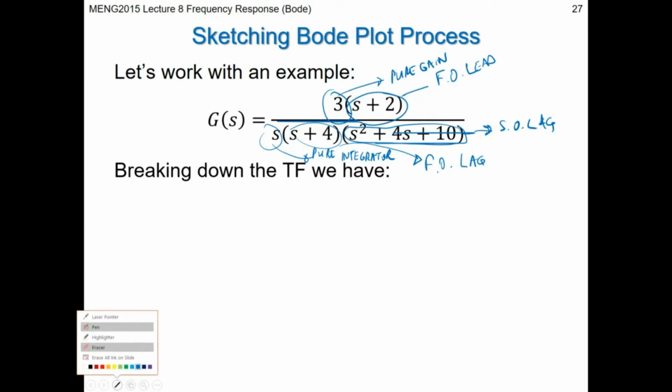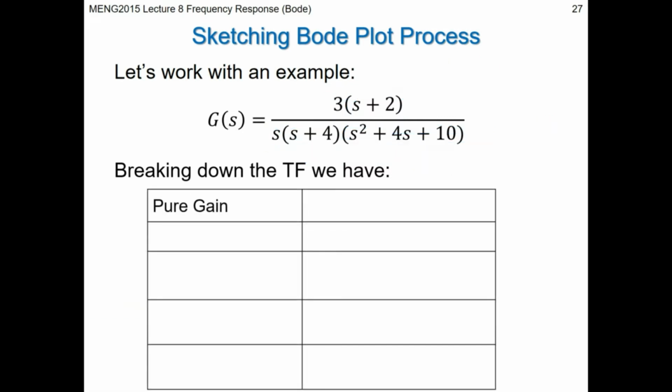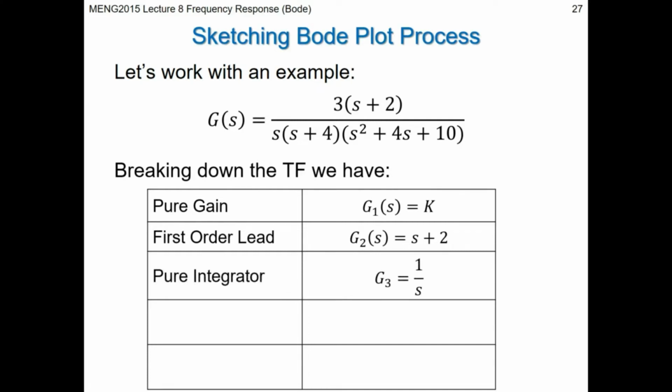So let me clear off all my scribbles there. We have a pure gain, and we could call that G1 because we give each of our terms a name. Our first order lead on the numerator is G2, with s plus 2. Our pure integrator is our 1 upon s.